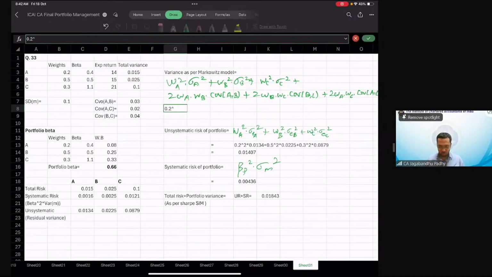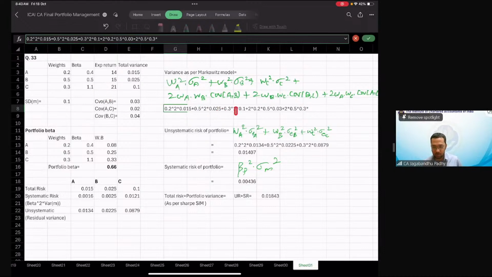Weight of A square is 0.2 square into variance of A. Variance of A is 0.015 plus weight of B, which is 0.5 square into variance of B, which is 0.025 plus weight of C, which is 0.3 square into variance of C, which is 0.1 plus 2 into 0.2 into 0.5, which is weightage of B, into covariance between A and B. Now, covariance is basically given as 0.03 plus 2 into 0.5 into 0.3.